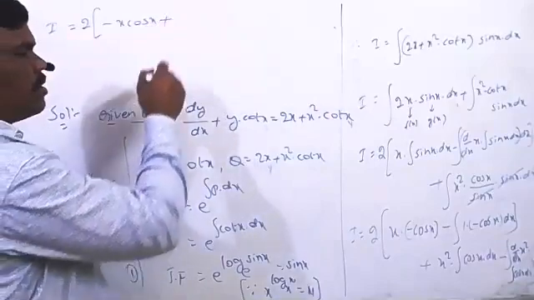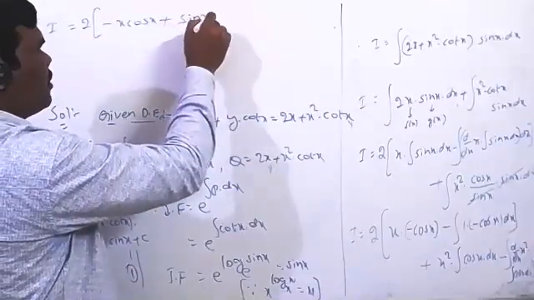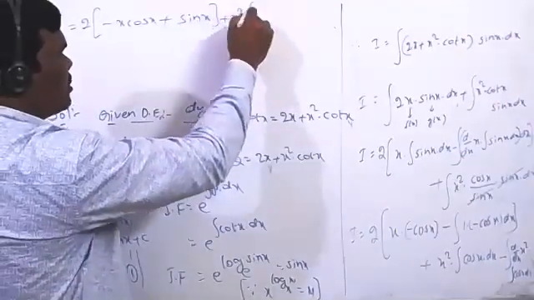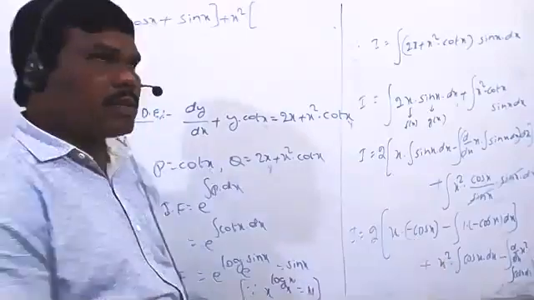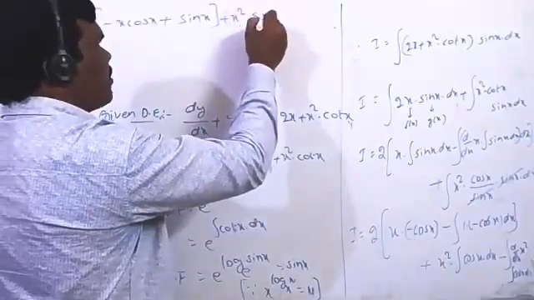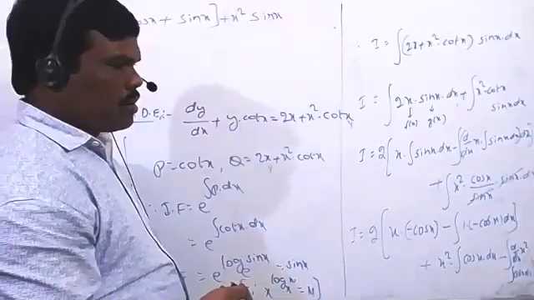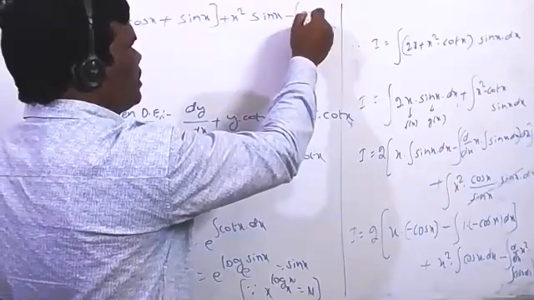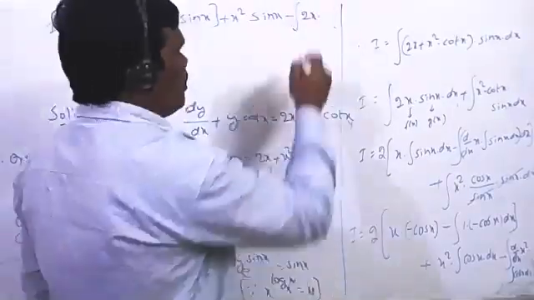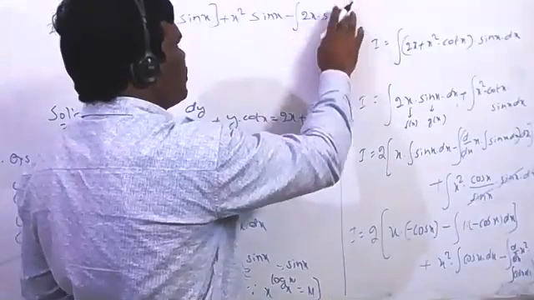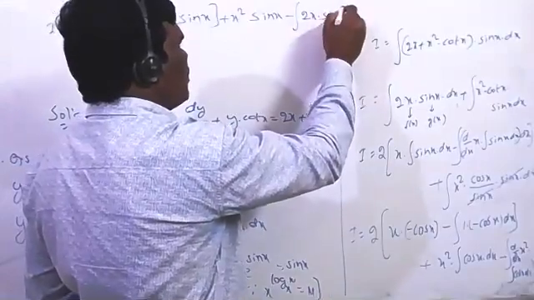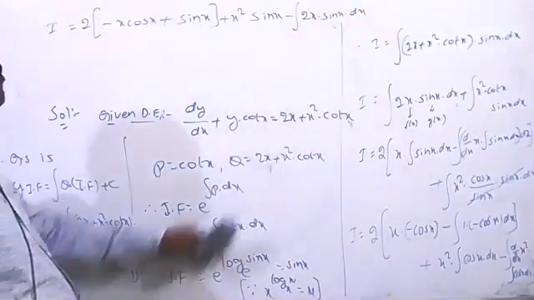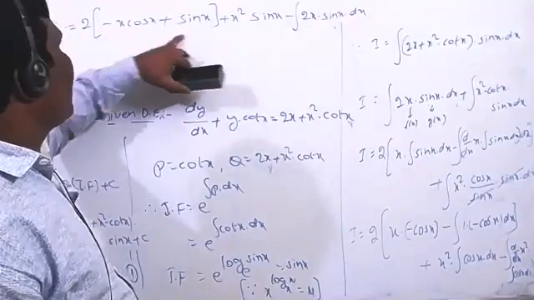Plus integration of cos x equal to sin x. Plus x square into integration of cos x equal to sin x. So x square into sin x minus differentiation of x square equal to 2x into sin x into dx.